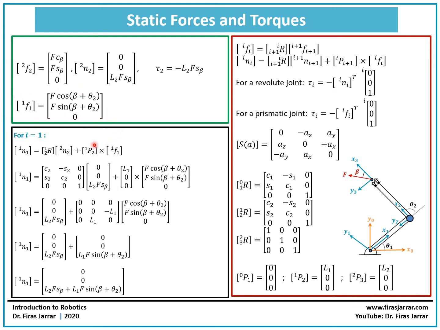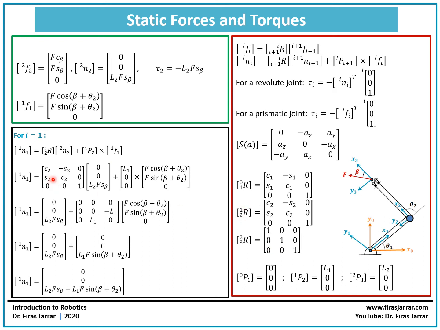We're going to proceed with computing the moment by substituting i equals 1 into the moment formula. So it becomes N1 equals R21 times N2 plus the position of frame 2 crossed with the force acting at frame 1. So you can see R21 is already given here.